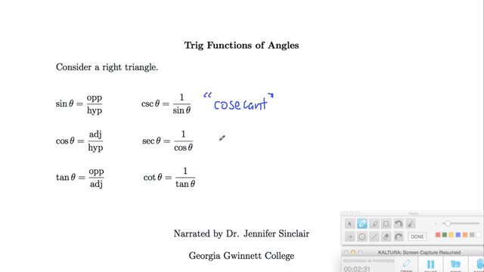The second one is 1 over cosine, and it's called the secant. And the last one is 1 over tangent, and it is called the cotangent. So please take a moment to stop the video and take notes on these identities if you don't have them written down already. Otherwise, if you're ready, we're going to go on to the next slide.